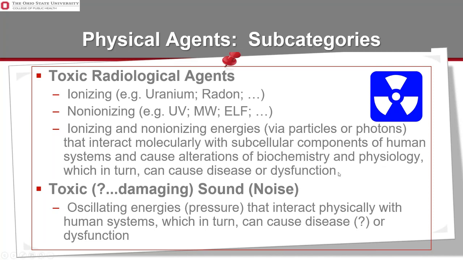And so the distinguishing characteristic between ionizing radiation and non-ionizing radiation has to do with the level of energy. Ionizing radiation is associated with higher energies that are released, so that they can actually break bonds and result in ionization.